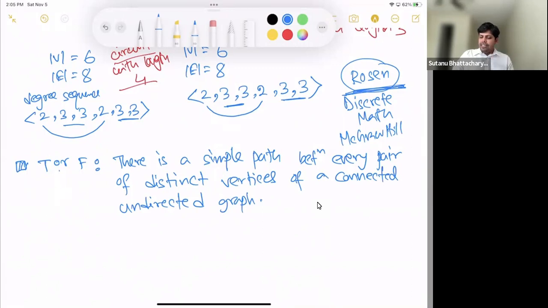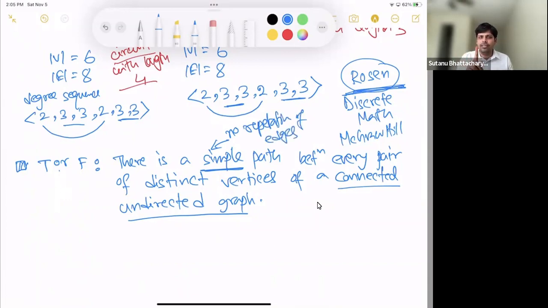So it is given that you have a connected undirected graph, and the statement is saying that between every pair of distinct vertices, there is a simple path. Simple path means no repetition of edges. So you will consider one edge only once; you cannot repeat one edge. So there is a simple path between every pair of distinct vertices of a connected undirected graph.